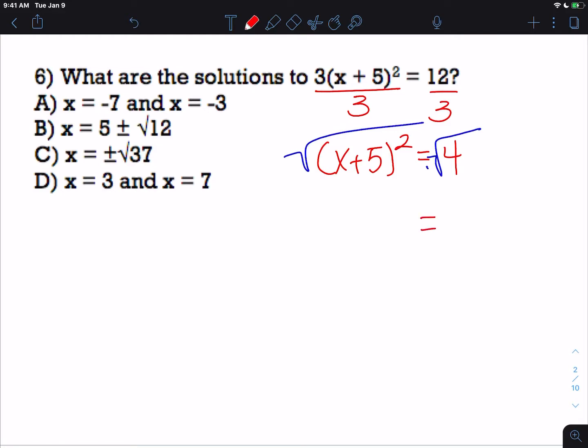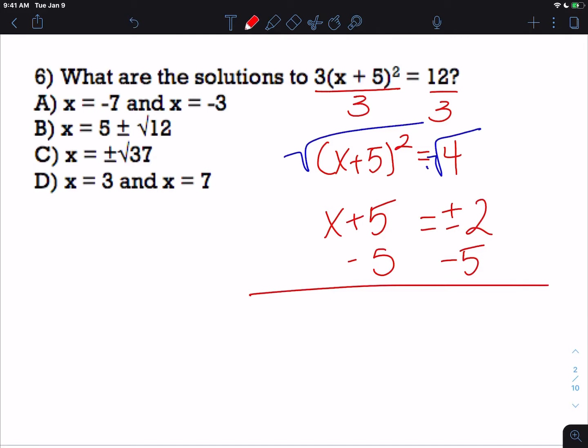So I know here that 2 times 2 is 4. And I also know that negative 2 times negative 2 is also positive 4. Now I'm going to go ahead and try and get x by itself. And I have a solution. So I'm going to look through my answers. It looks like they didn't list it like that.